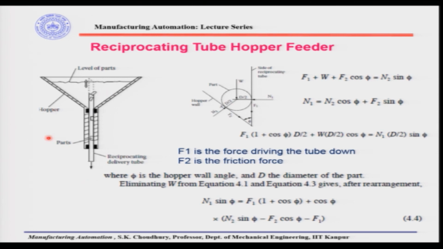Of course, in this design they have to be sealed so that the parts do not go out this way from here. So, they have to come inside this hollow tube.